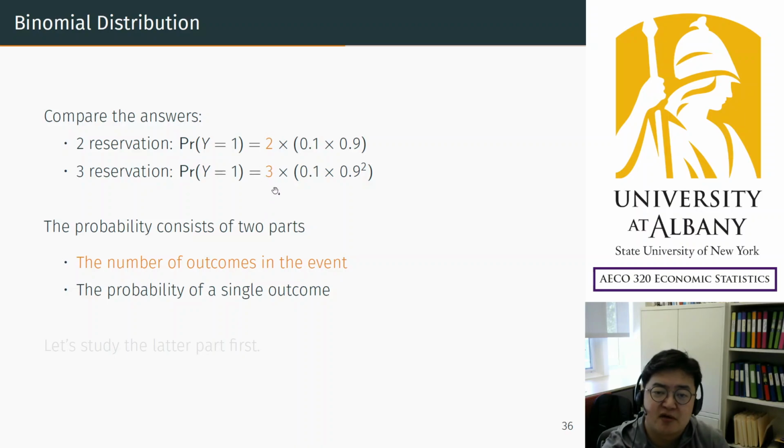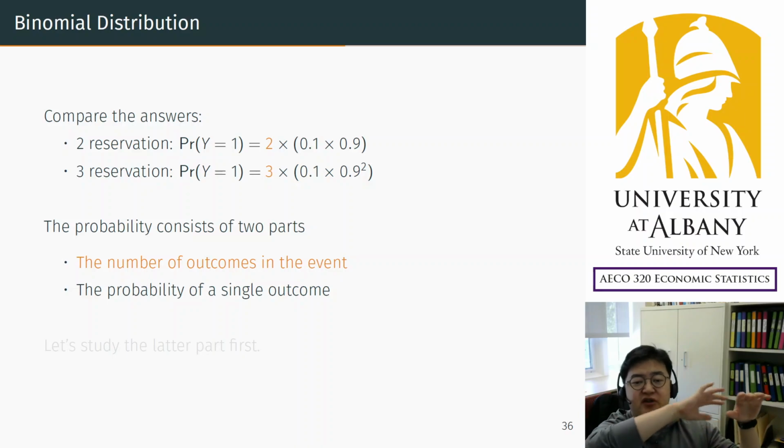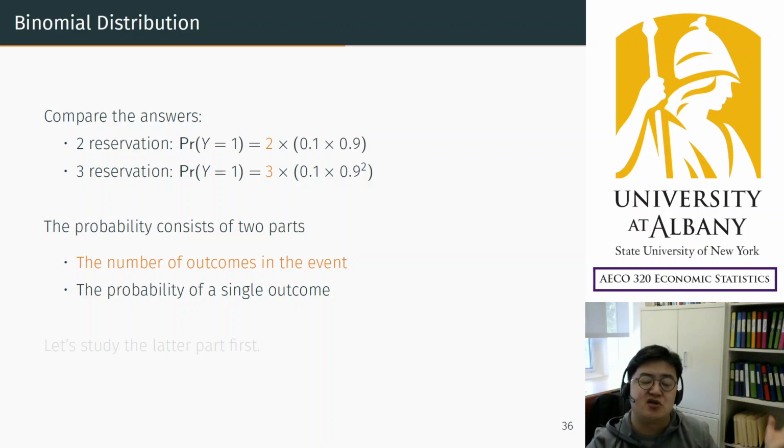So the first part is the number of different combinations or different outcomes in this event, right? When you know the number of cancellations, you have to think about different combinations, where the cancellations are coming from. That is the first part.